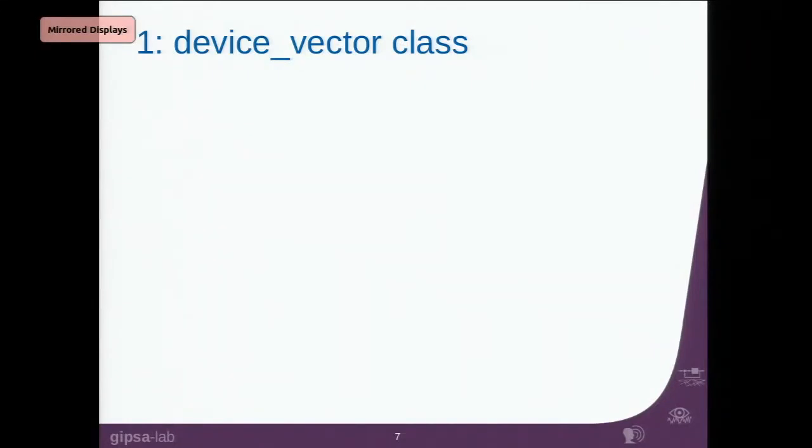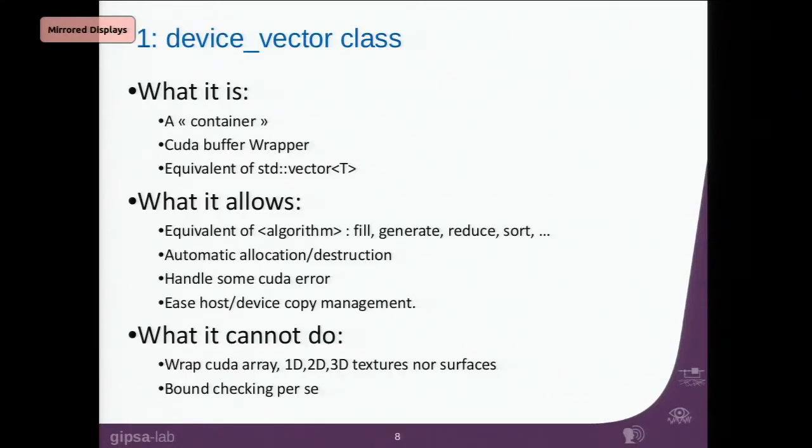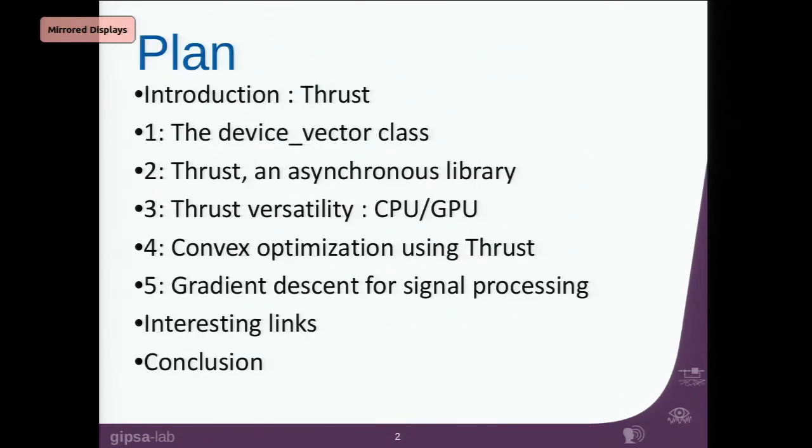So the device vector class. What is it? It's a container in the same sense as the STL containers, which you may know if you use C++, as we have seen this morning with Ben. Then we'll see that Thrust, being high level, allows using different backends: a GPU backend with CUDA, but also a CPU backend for some operations.